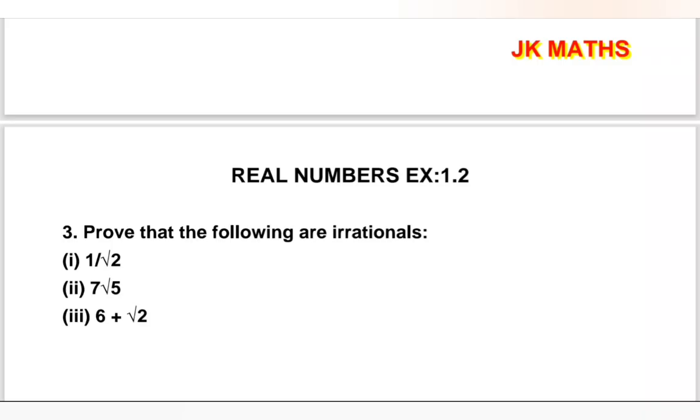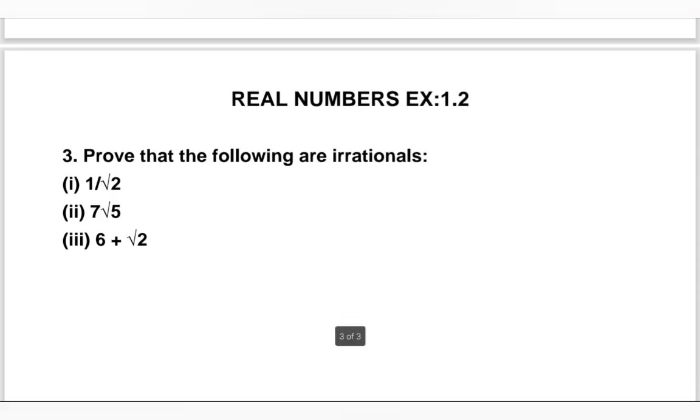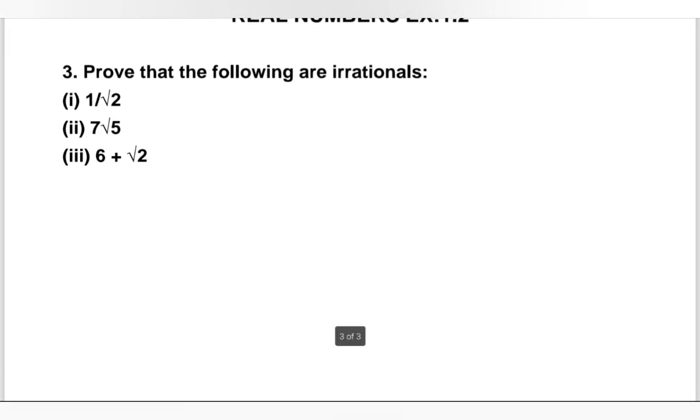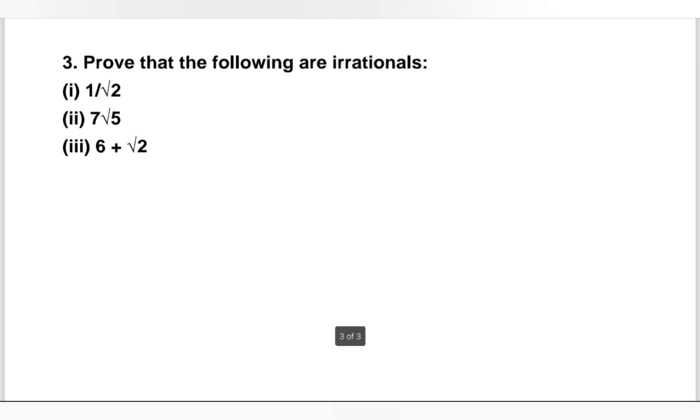So now we came to the last question of this chapter. The third question, with this we'll be concluding this chapter. This is the easiest chapter. So let's go. Prove that the following are irrationals.